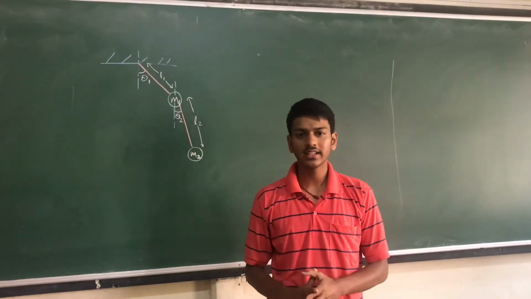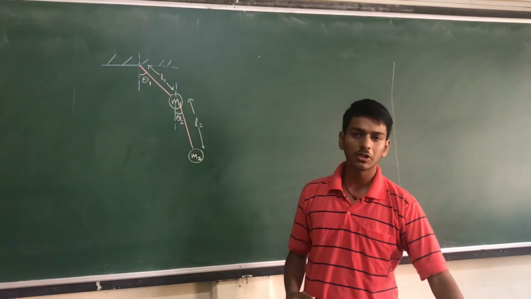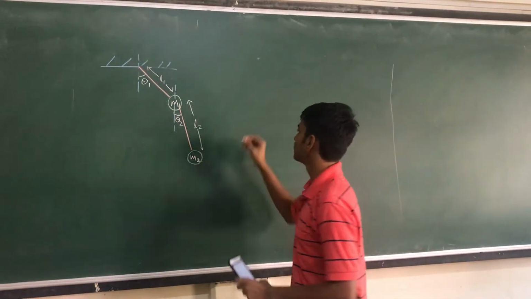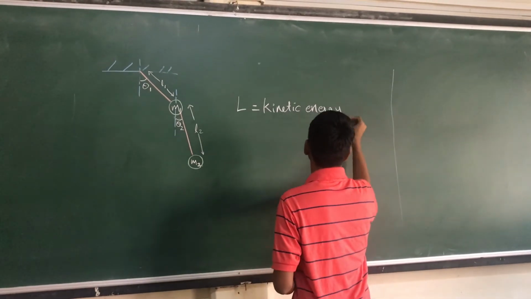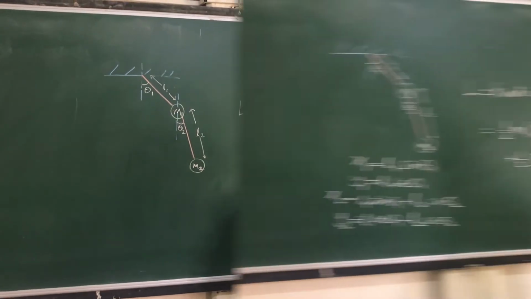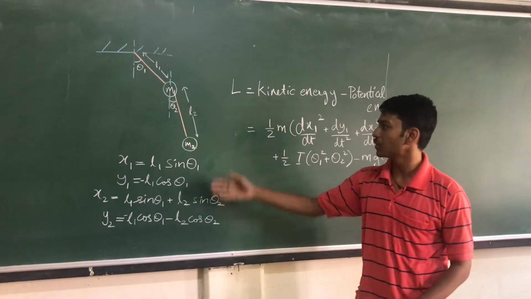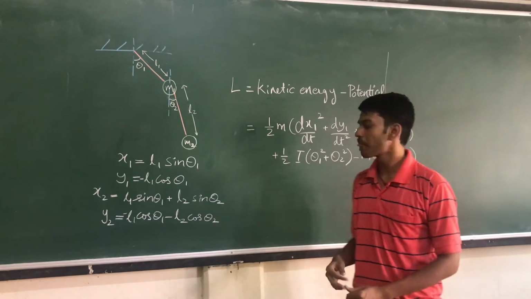In Lagrangian mechanics, in the start, we define a parameter known as the Lagrangian, which is equal to the kinetic energy of the system minus the potential energy of the system. Here we can see x1, y1, x2, y2 are different coordinate components for the two masses.